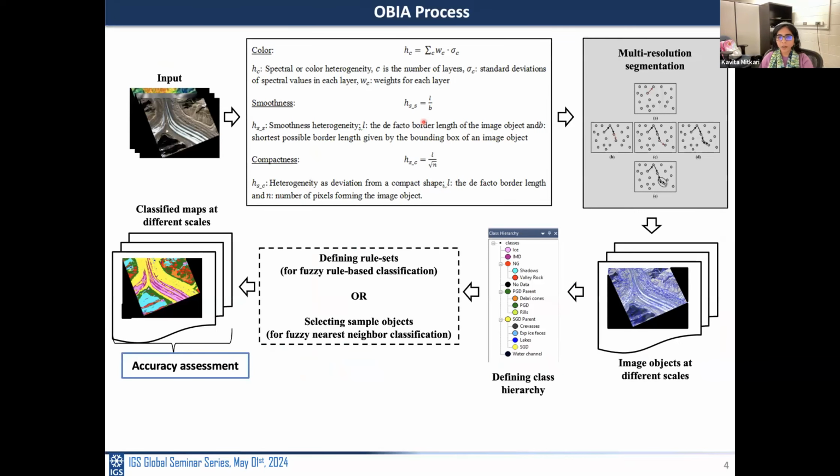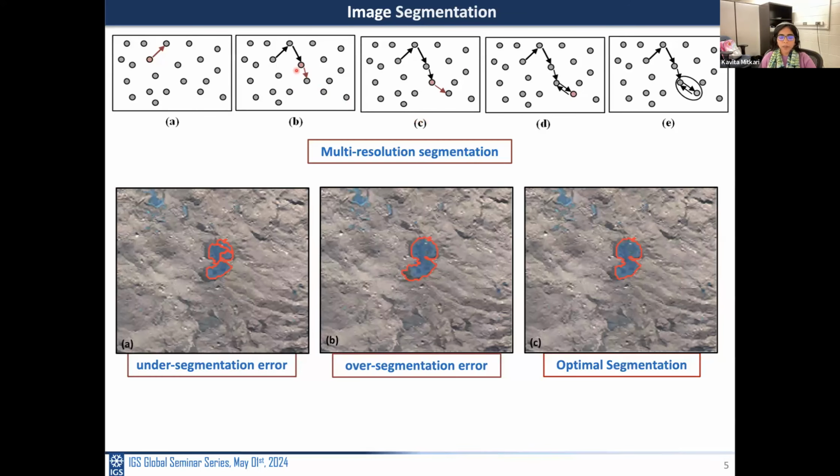So this will define the homogeneity criteria. This process continues till that particular object finds a best neighbor. Once it finds a best neighbor, it merges with that best neighbor, and this iterative process continues for other objects.